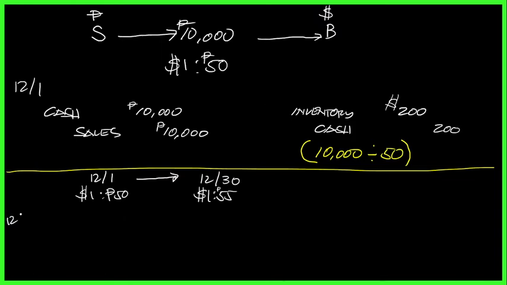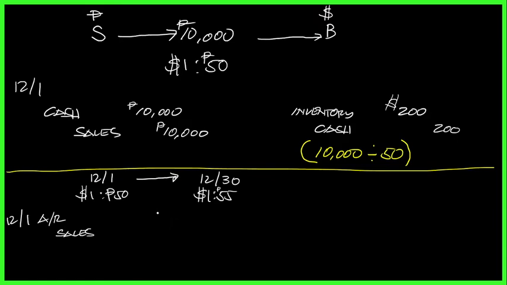As of December 1, in the books of the seller, take note that this is the date of sale, and this is the date of payment or collection. To record the sale, you are going to debit accounts receivable and credit sales, amounting to 10,000 pesos, since it's denominated in pesos.